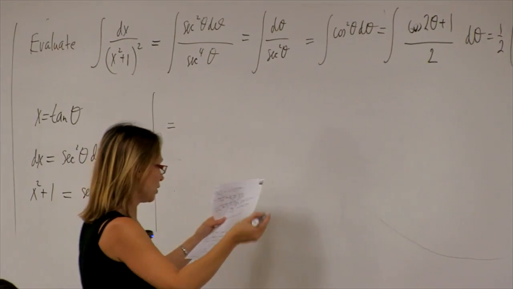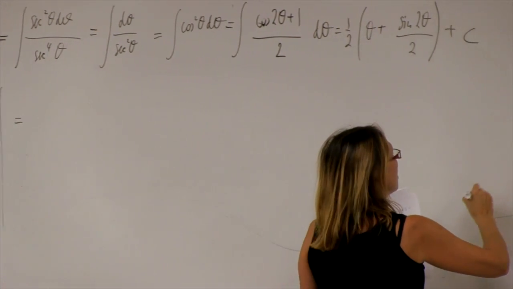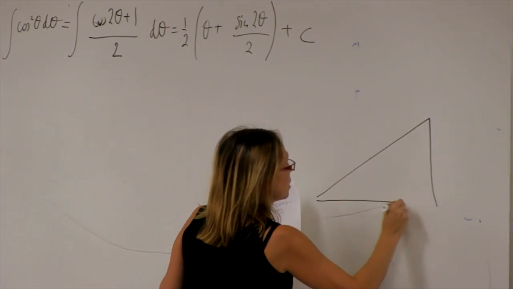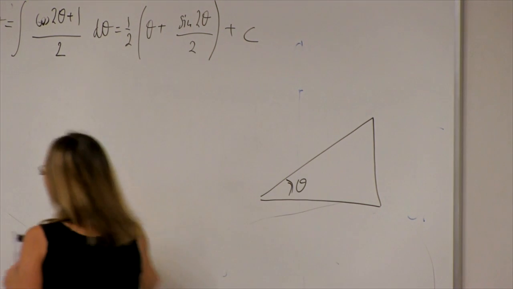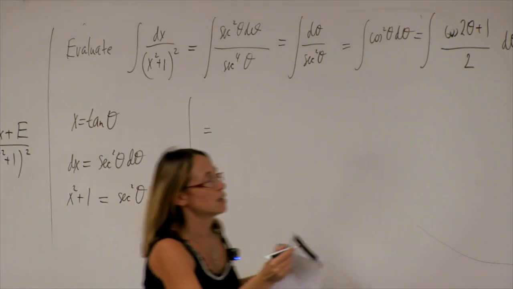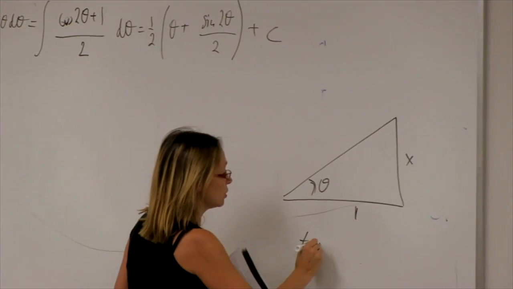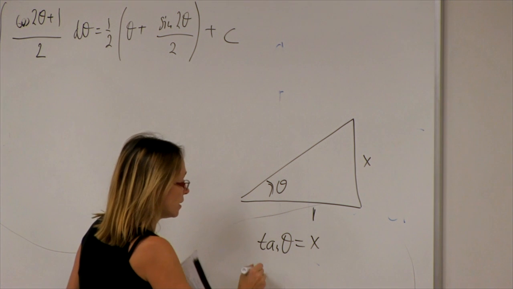So let's do a little triangle, right? We have to do a triangle, I believe. So this is my theta. What do I know about theta? Tangent theta is x. So I have to put this to be equal to x, and this is 1. Tangent theta is x.